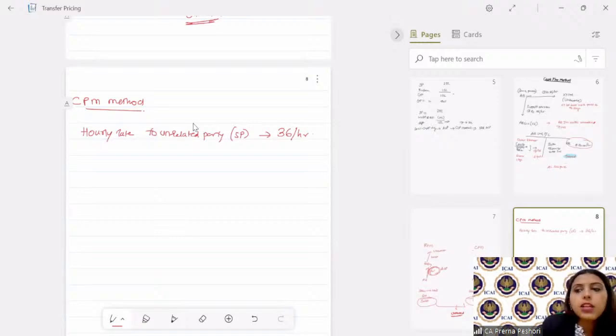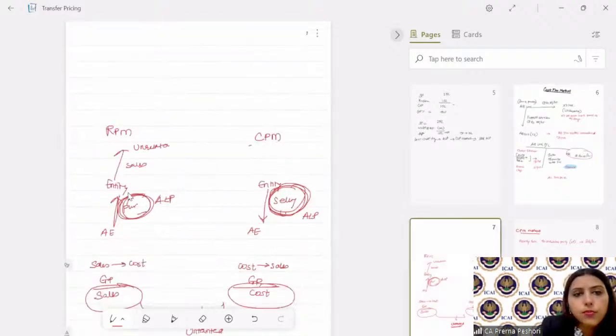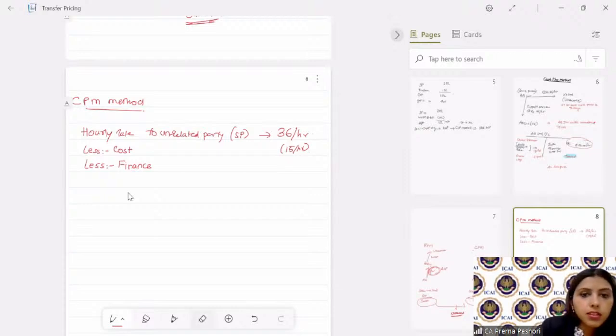Then my direct and indirect cost remain the same, which is 15 per hour. First, I am coming to my cost, which is 36 and 15. Out of 36, which is the selling price, 15 is my cost.